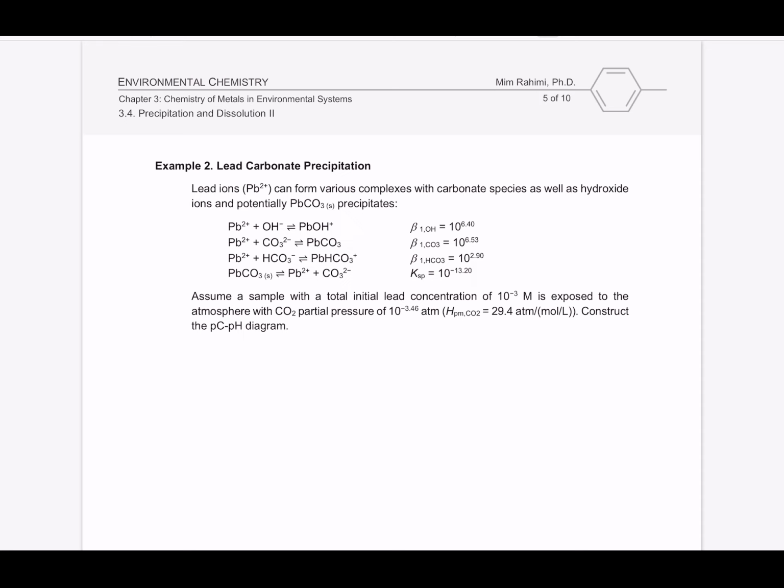So it proceeds only to the first complexation, but with 3 different complexing agents: hydroxide, carbonate, and bicarbonate. And I have only 1 precipitation, which is with carbonate. The last thing is, the carbonate system is an open system. It's based on a gas-liquid equilibrium.